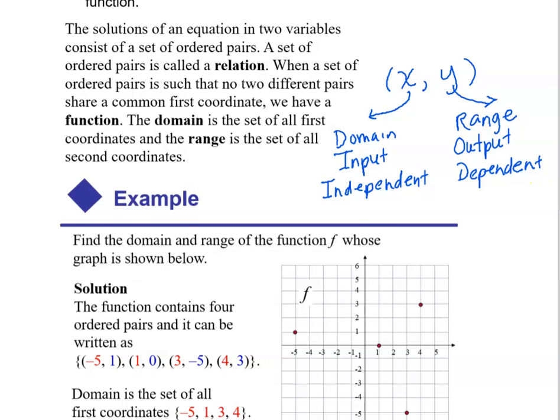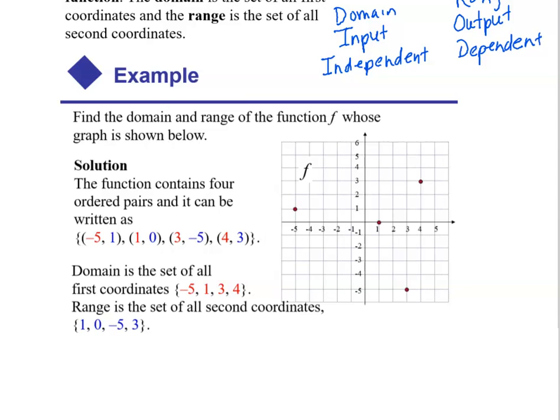Find the domain and the range of the function f, whose graph is shown below. Basically this graph only has some coordinates on it. This coordinate is walk to -5, go up to 1, so -5, 1. This coordinate is 1, 0, because you don't go up or down.